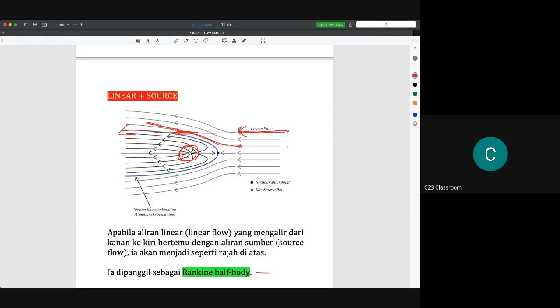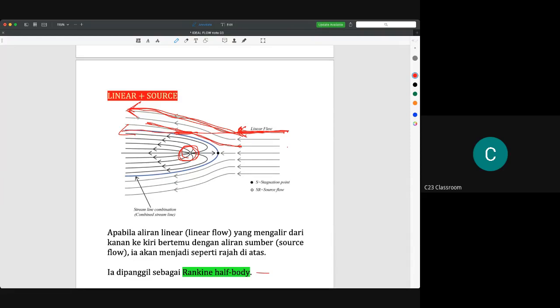So awak kena ubah juga parameter, so awak kena masukkan linear, and then awak akan masukkan dengan nilai yang lain. So nilai yang lain ini kita tidak bincangkan di dalam calculation kita. Di dalam CFD mereka akan dapat.